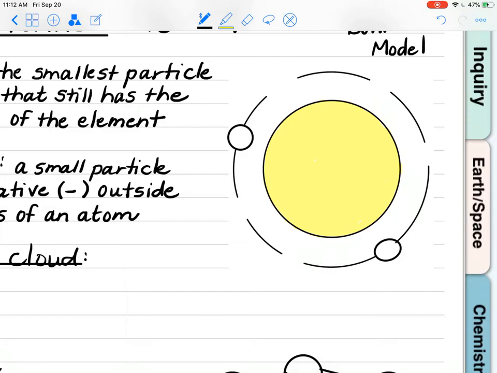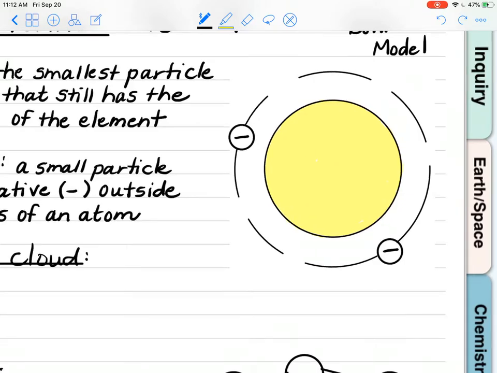So here is an electron, and remember those have what kind of charge? Negative. So we're going to put a little minus sign in there. Those can never go into this area. They never go into the core of the atom. They are only allowed in an electron cloud around the atom.